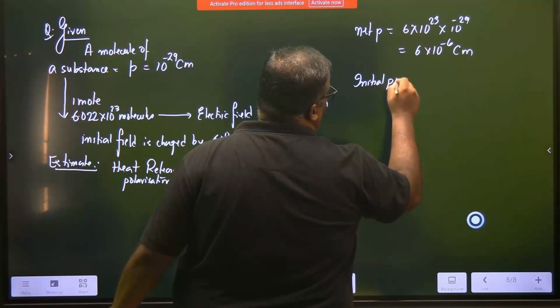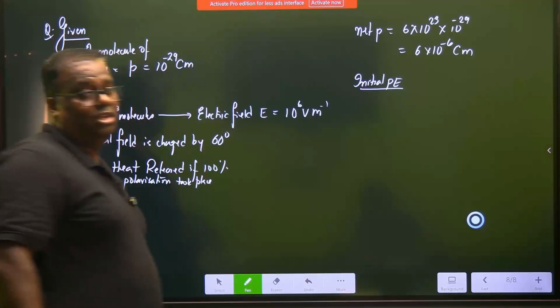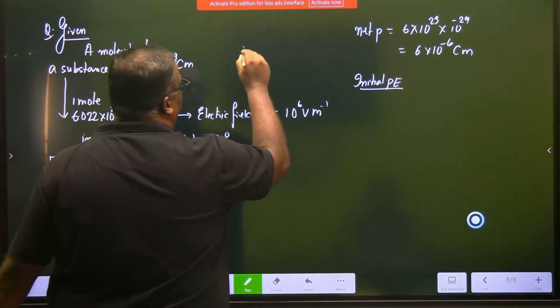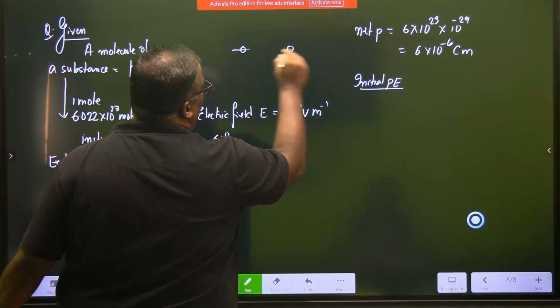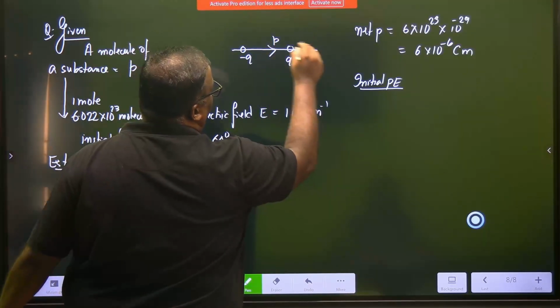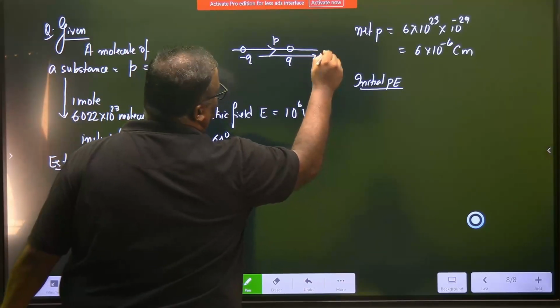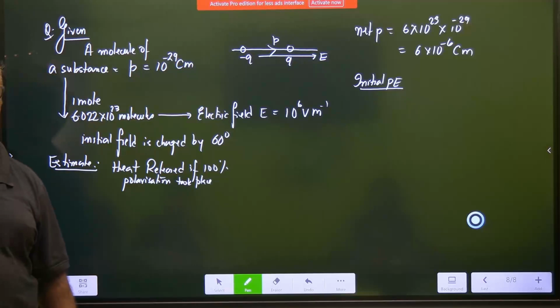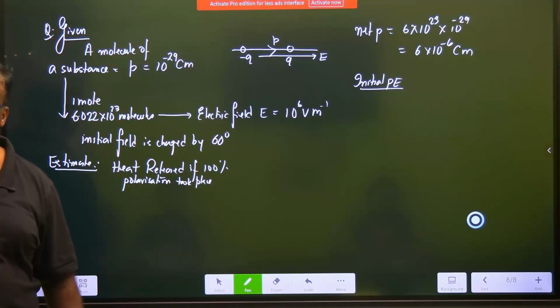Initial PE, see, don't just calculate the PE. You have to calculate, see, it's like this. The dipole will always be aligned along the direction of E. At this configuration also it has a potential energy, but that potential energy is the minimum potential energy.